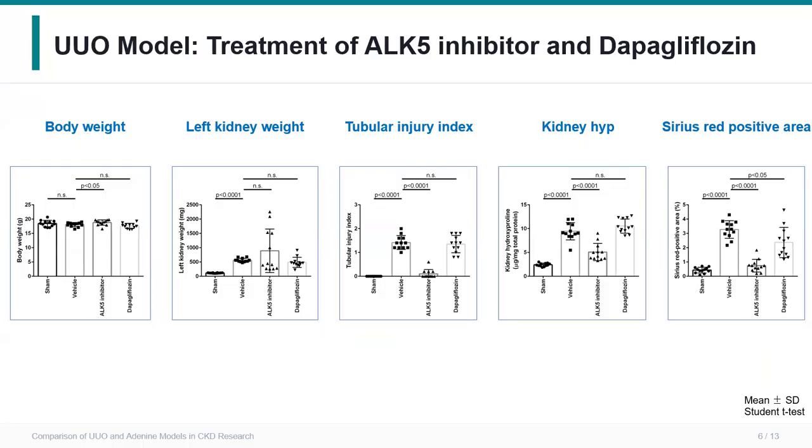We offer ALK5 inhibitor and dapagliflozin as the positive controls. Here's a comparison of data: body weight, also left kidney weight, tubular injury index. ALK5 inhibitor is significantly inhibiting the tubular injury index.